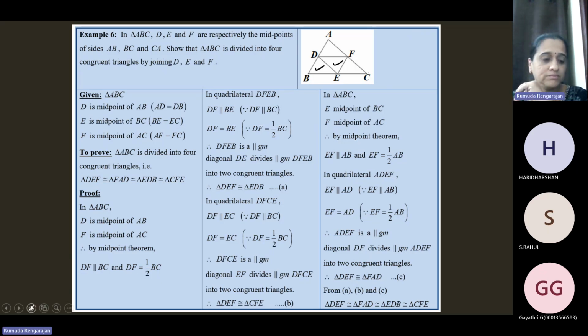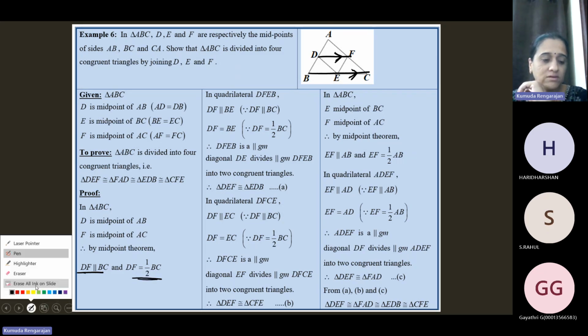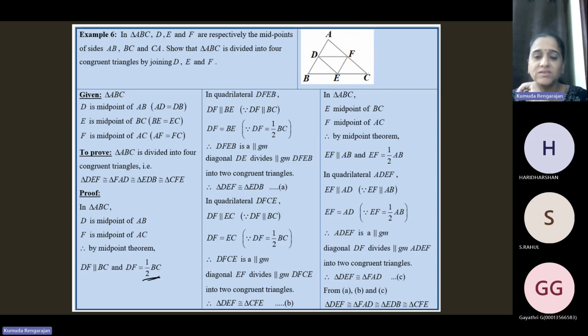Now, you can use the same results for this quadrilateral. Since DF is parallel to BC, it also means DF is parallel to EC. And since DF is equal to half BC, half BC is EC, so we replace it with EC.